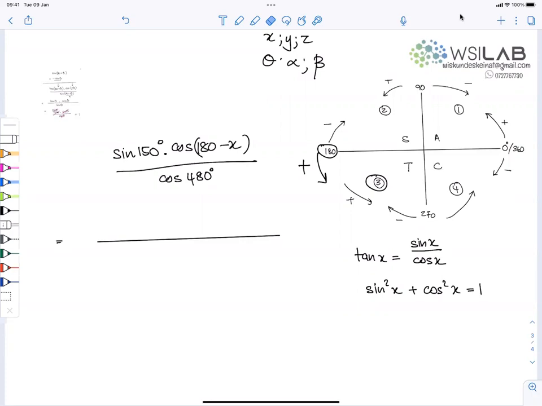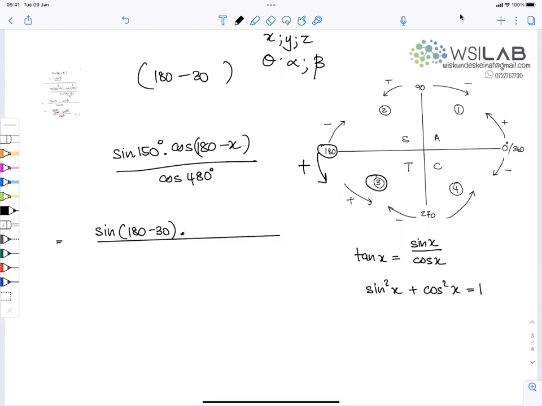I don't know if I did this right. Okay, well, we're going to do it step by step. Is there something you can do with 150 degrees? Did you compound it first by 180 minus 30, or did you just do it straight? I first did that and I got 1/2. Which is 100% correct. Sin of 150 is the same as sin of 180 minus 30, isn't it? Yeah.